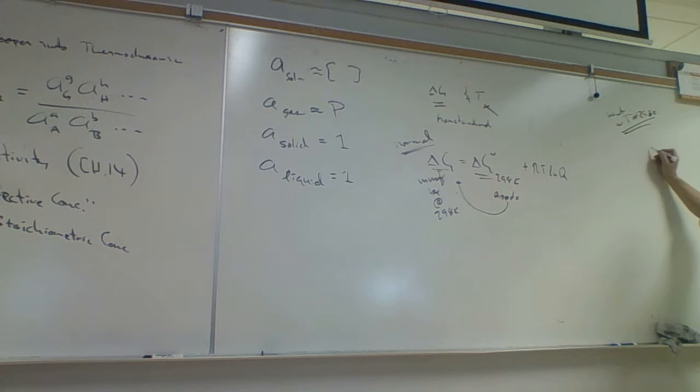If we want a temperature not at 298, choice 1, we could just break it up into separate calculations. First, calculate delta G naught at T, whatever the desired temperature. Then, 2, we use that delta G naught in this equation. So this will be delta G naught at temperature T plus RT ln of Q.